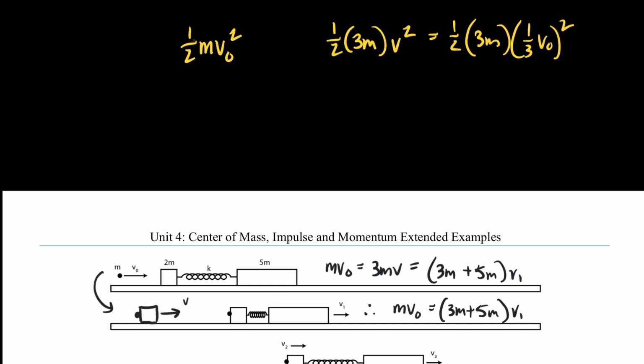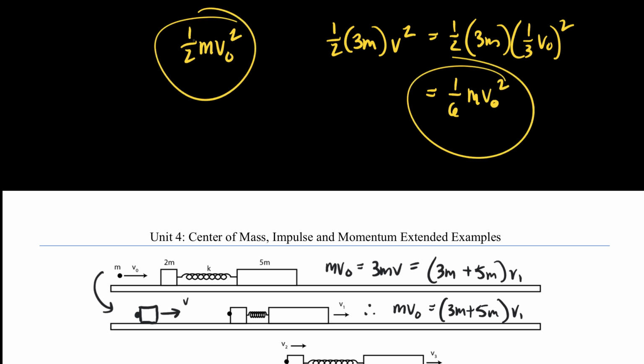Right? Now, 1/3 squared is 1/9. Cancel out the 3, that's 1/3. Times 2 is 6, so 1/6 m V0 squared. Clearly less, right? But this represents how much energy the system has after that collision.